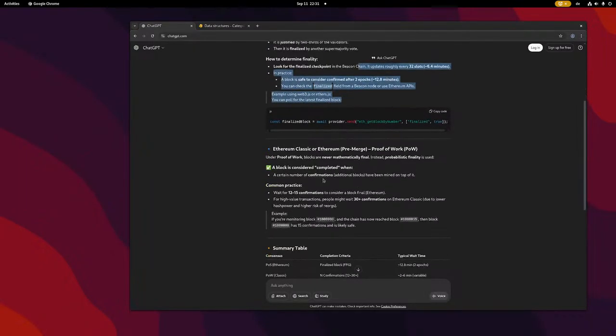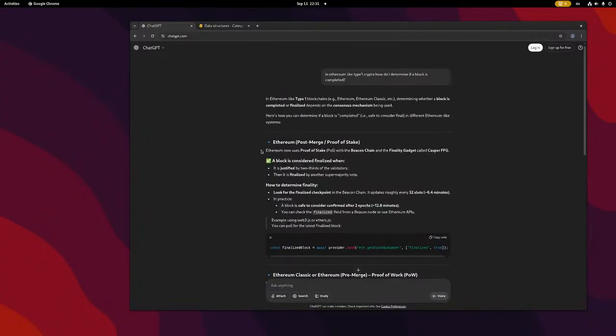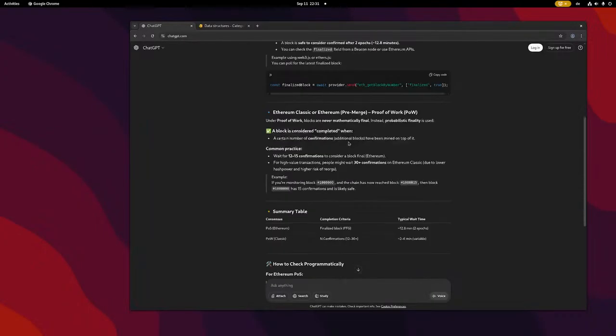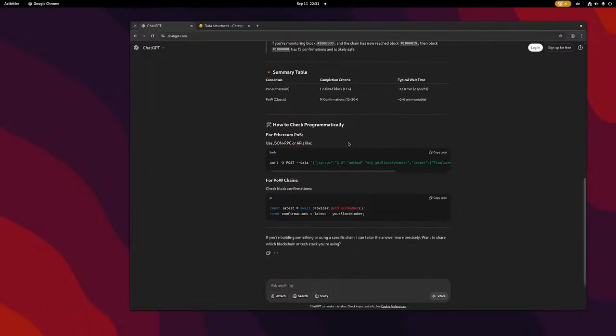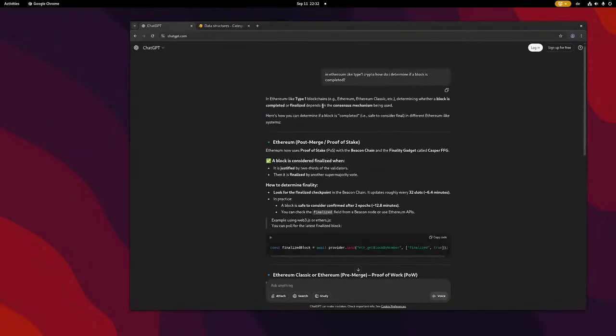I don't get it. Consensus mechanism is used.